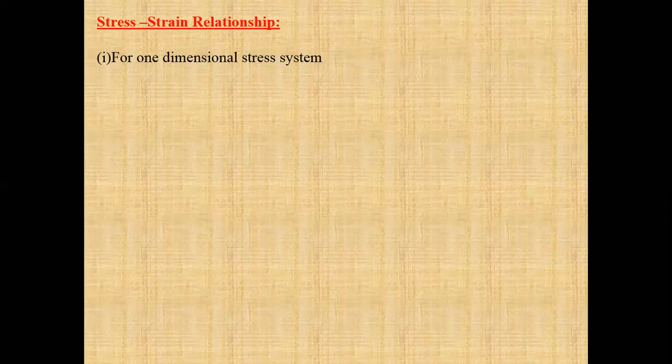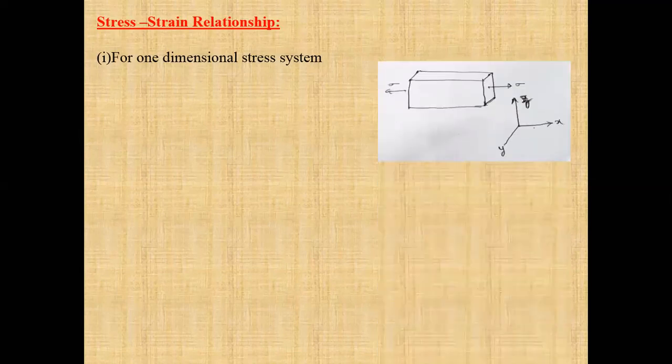For numerical problems, for analyzing quantitatively, that is taking the values, we'll be studying in the other form, the stress-strain relationship, but let us take a one-dimensional stress system. One-dimensional stress system means I am stressing the body in only one direction, that is the length direction.